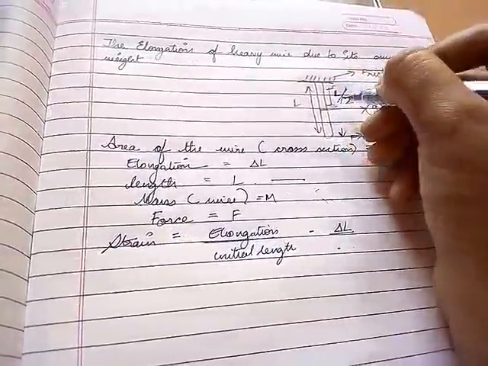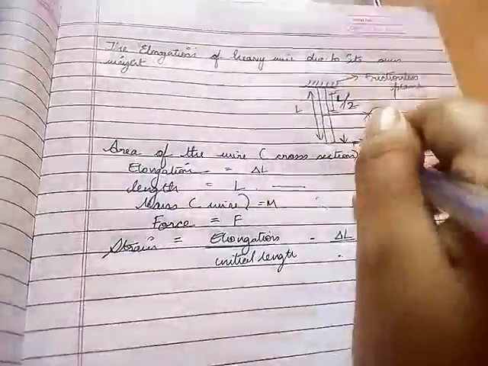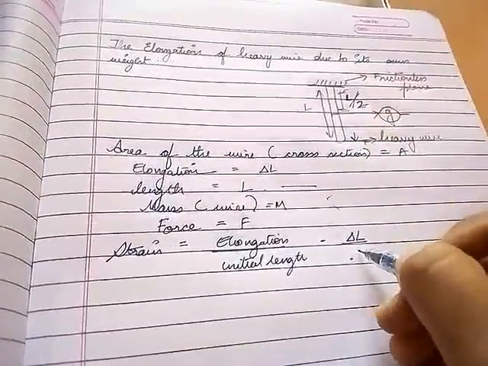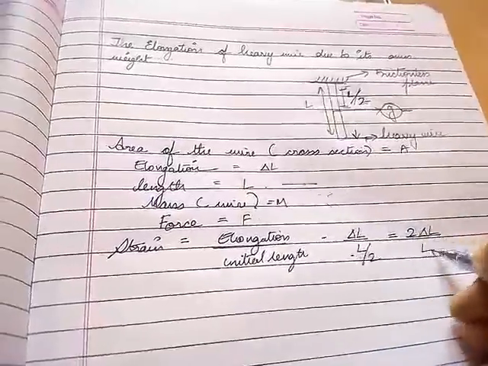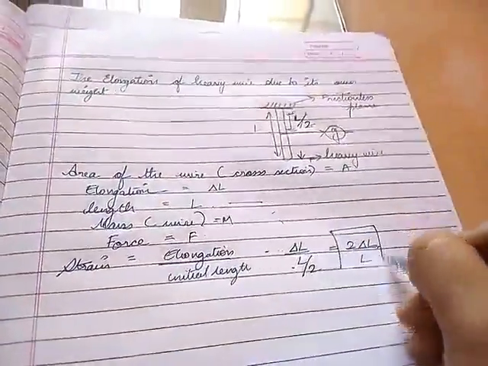So if that is the length, then the midpoint is L by 2. That's why the initial length will only consider it as L by 2, which will give us 2 delta L by L. So this is the strain we get.